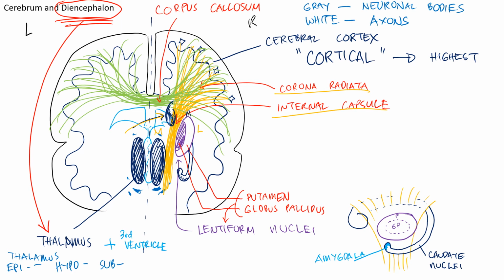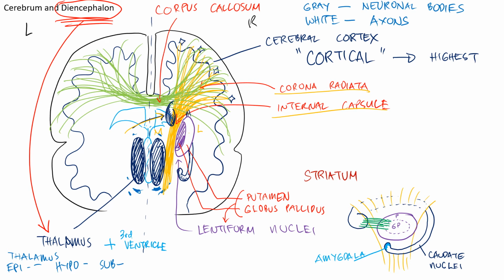Okay? Now, we're going to talk about one more structure which you might encounter later on, and that is your striatum. Your striatum is basically gray matter that connects your globus pallidus.